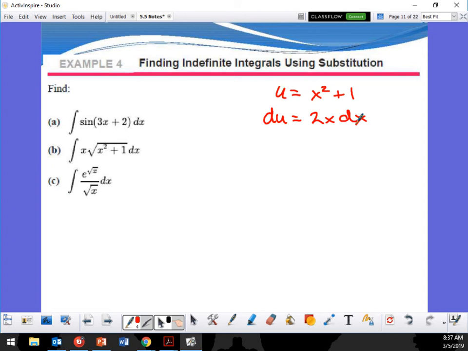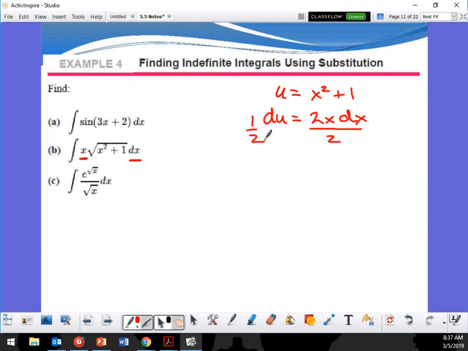Okay. So now, when I do this, what is it I actually have to get rid of here? I have to look over here. When I'm substituting for my dx, I have an x there and an x there, and I have a dx. So I have an x and dx that has to be replaced. Now, what do I do with that 2? Divide by 2. You'll see why.